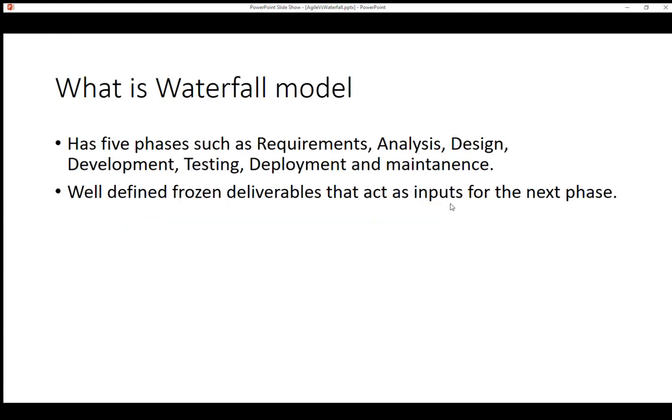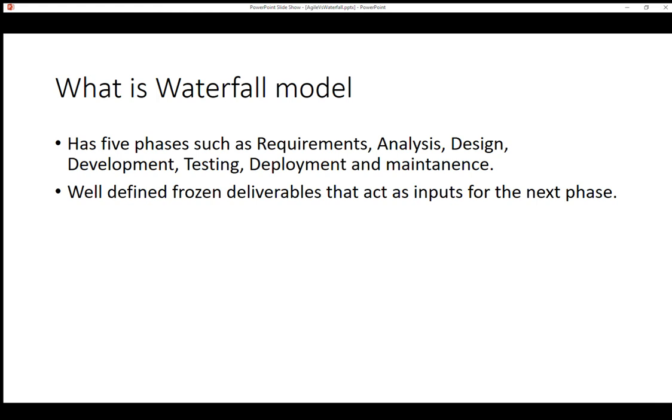So, now we'll try to understand what the waterfall model is. The waterfall model has 5 phases: requirements, analysis and design, development, test, and deployment and maintenance. Each phase ends with well-defined frozen deliverables that act as inputs for the next phase.